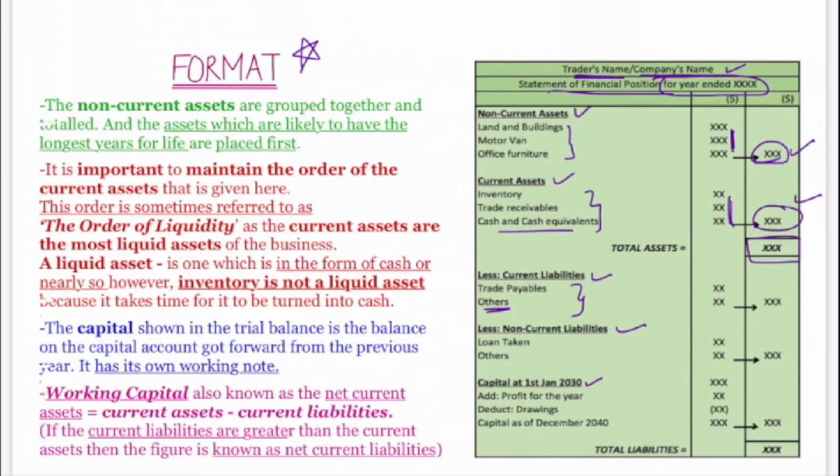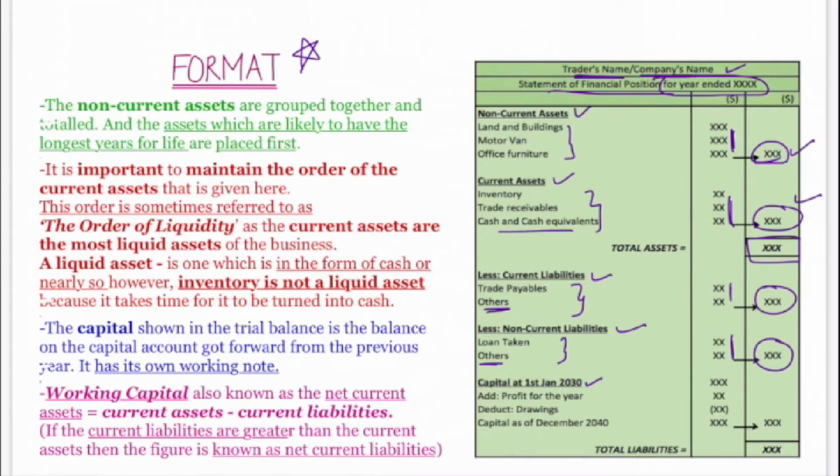Then non-current liabilities, loan taken is an example and any other non-current liabilities they may have given. You write both of these amounts in the inner column separately in their headings respectively and then add out the total. Then capital. This will be properly given in the question. We will understand what is capital further in this video. But as of now, just see this.